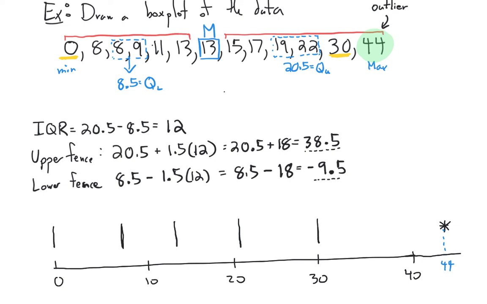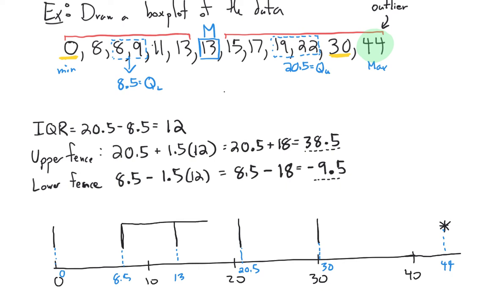So let me mark these. This is 8.5, this is 13, this is 20.5, and that is, of course, 30, and I should do this one too. This is at 0. Okay, so we put vertical lines at each of those places.